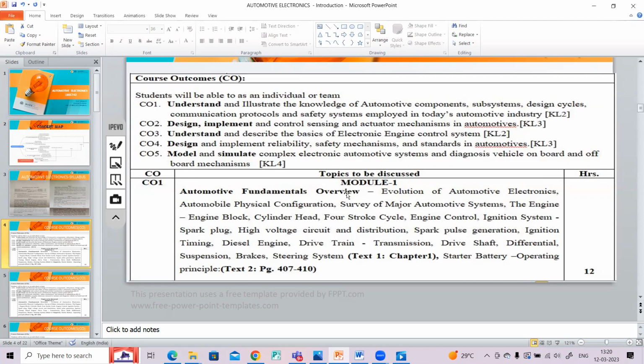So first we'll discuss the concept called evolution of automotive electronics. See, every component or every sector or every domain starts with evolution, which is nothing but stage by stage improvements.